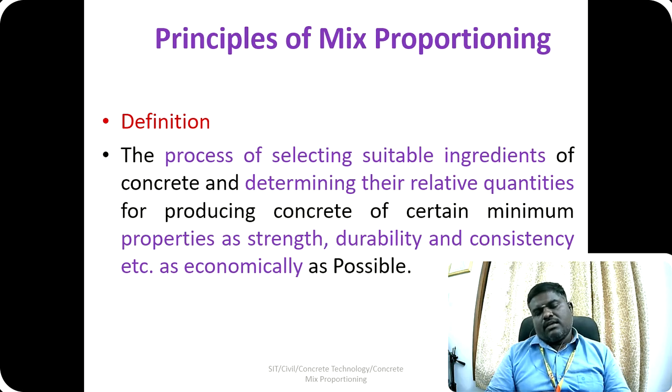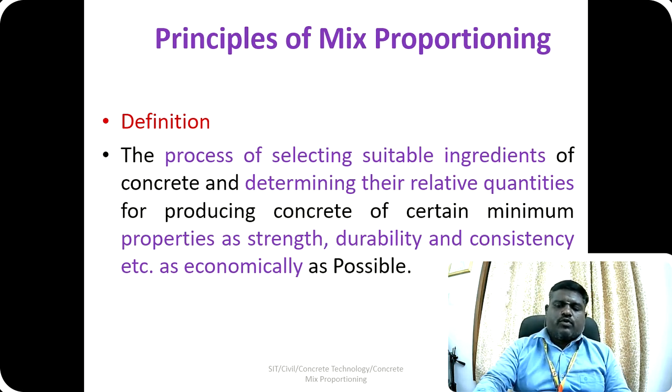Like that, whenever you make a concrete mix design, you have to consider all the properties of the materials and the factors which are going to influence the mix proportion. According to that, you have to select the materials, the amount of materials and the requirement of the mix design. Following this, we can achieve a good mix proportion.